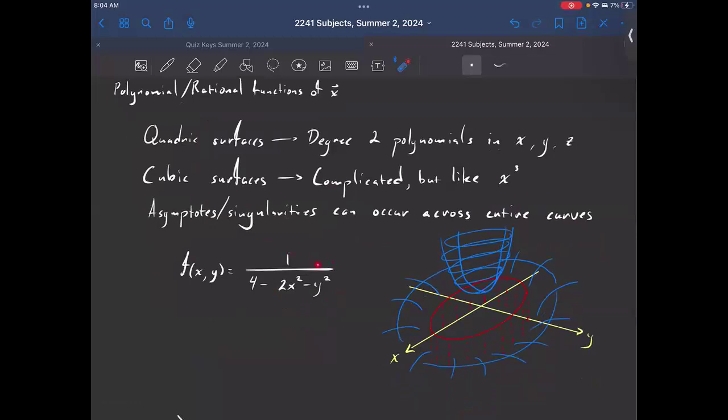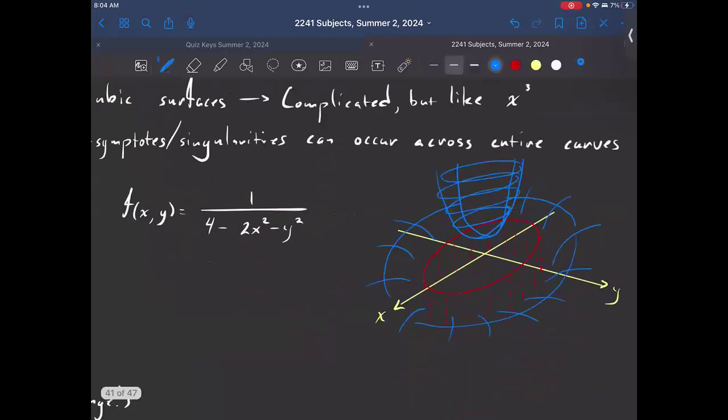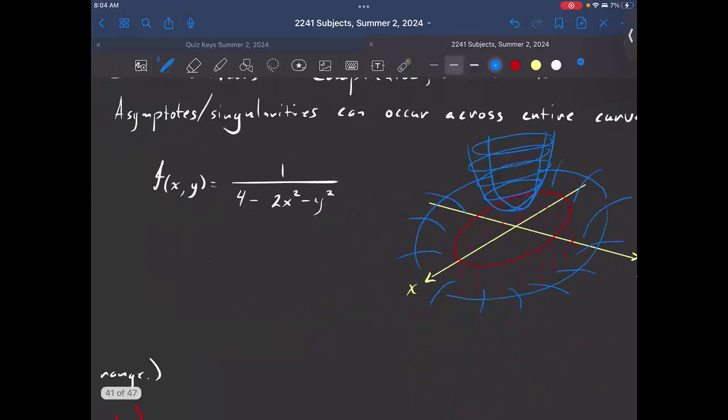This one has no zeros, but it does have an asymptote. And if you take this function here, 4 minus 2x squared minus y squared, and set it equal to 0, then we have the equation 2x squared plus y squared equals 4.